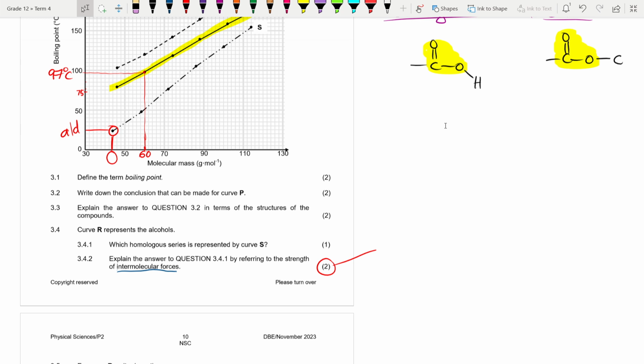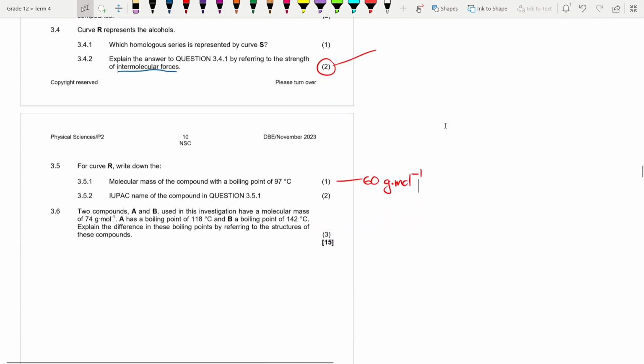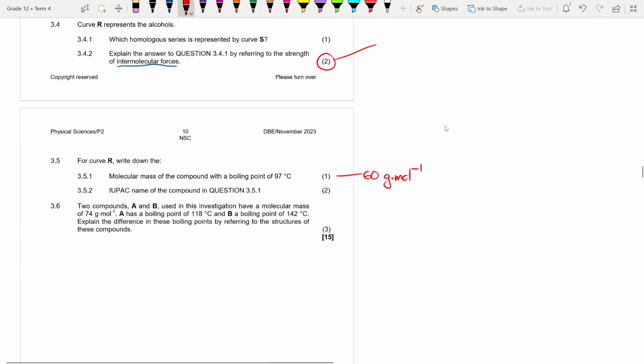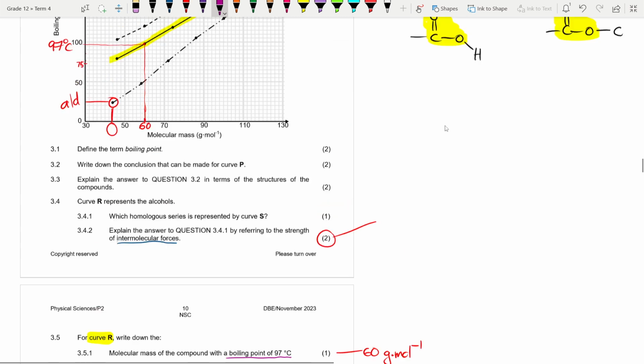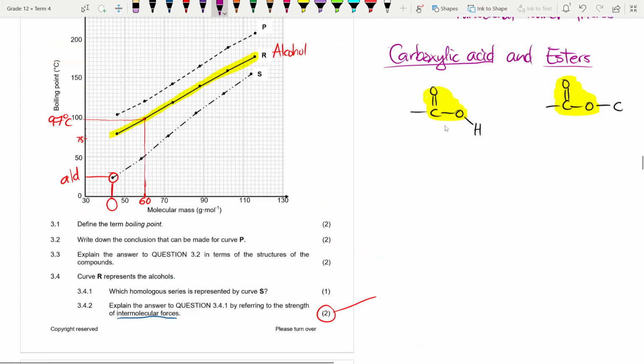Okay, so the molecular mass, look at this. The question says for curve R, so it means we're going to focus on curve R, the one I just highlighted. Write down the molecular mass of the compound that will have a boiling point of 97 degrees Celsius. So just go on the table. You go and look for 97 here on your boiling point axis.